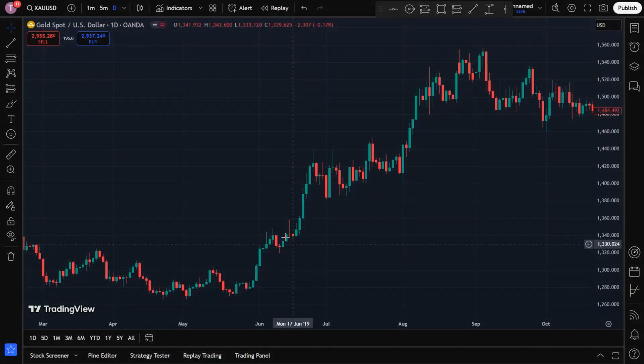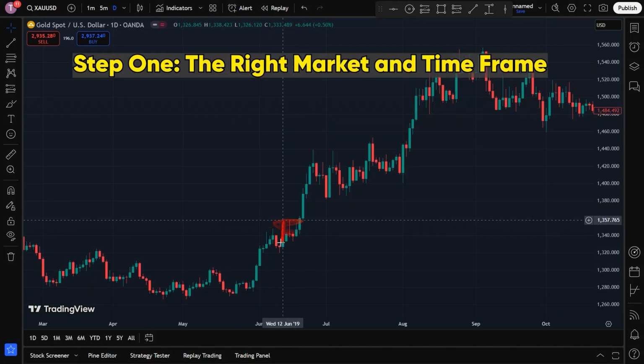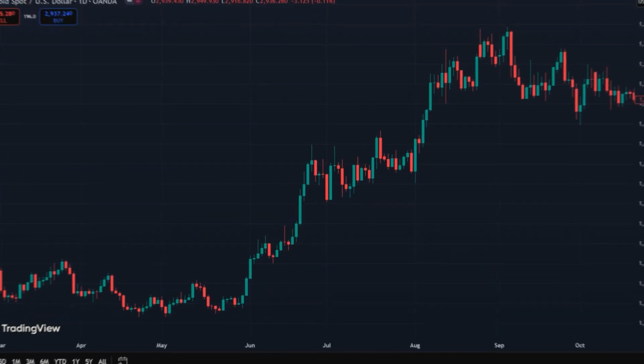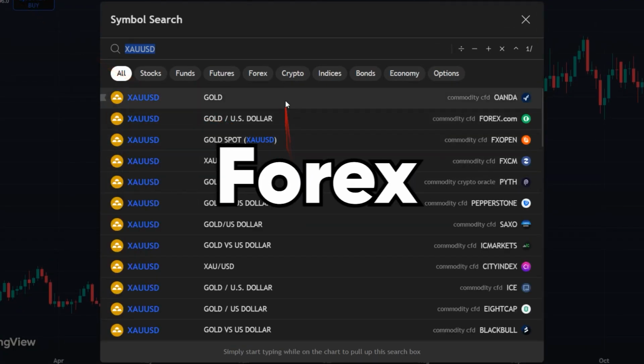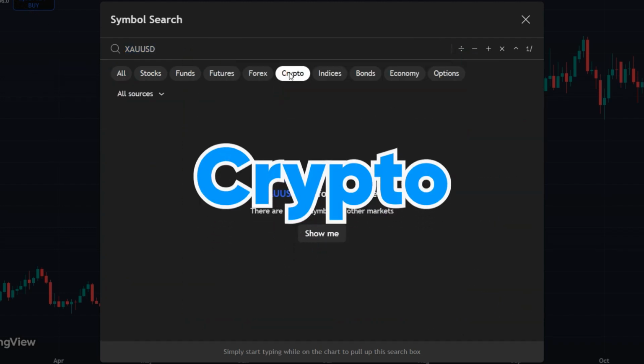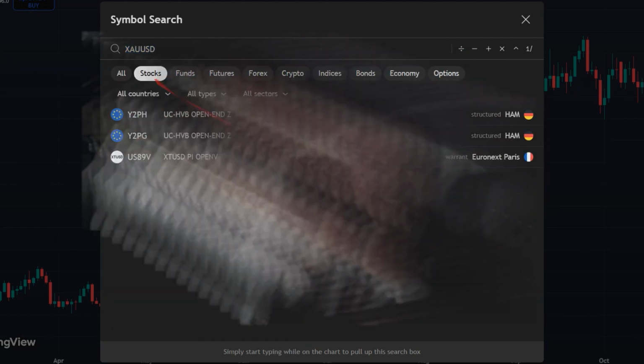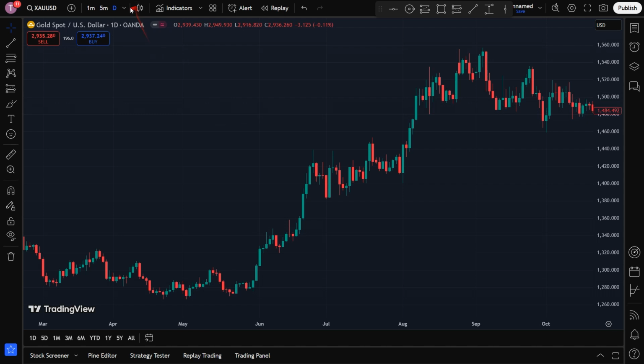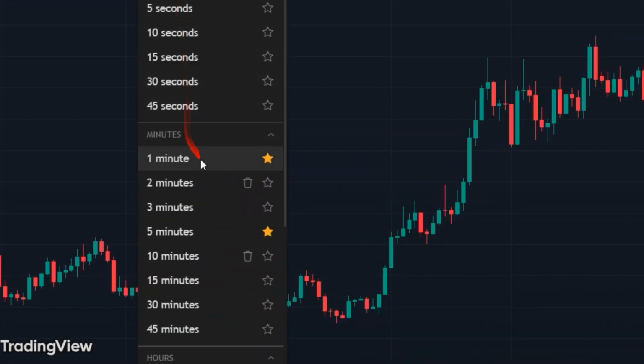Step 1. The right market and time frame. The first thing you need to know is that this strategy works in all markets. Forex? Okay. Crypto? Great. Stocks? Absolutely. Now, it depends on your own strategy which time frame you choose. If you're a scalper and like quick trades, 1 to 5 minute time frames are excellent.